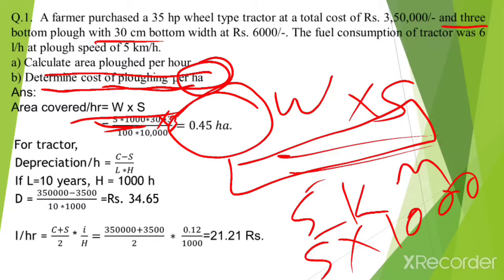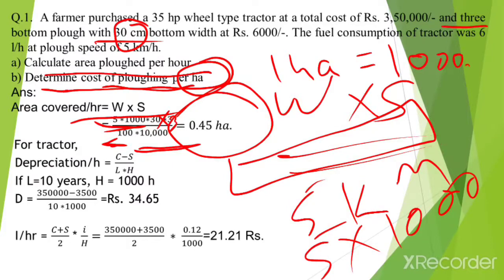Divided by 100, why? Because 30 centimeter is in centimeter, so we have to convert it into meter. Then divided by 10,000, because 1 hectare is equal to 10,000 meter square. By dividing this, whatever the quantity comes will be in hectare.